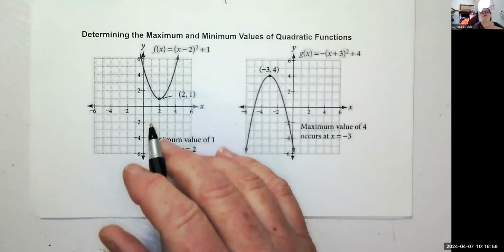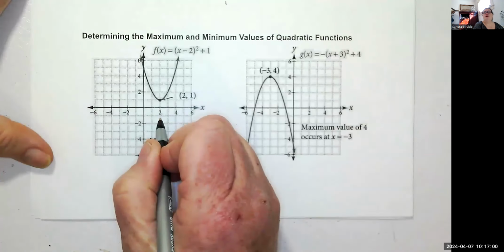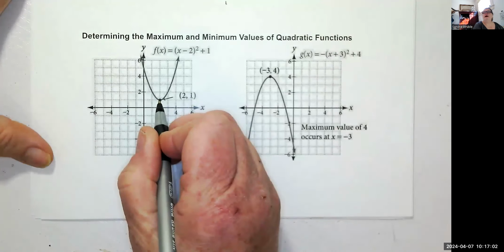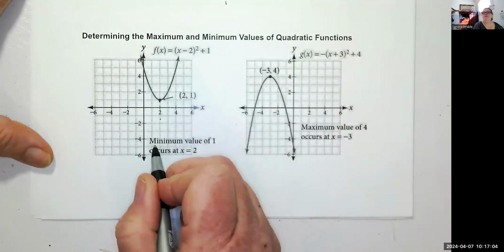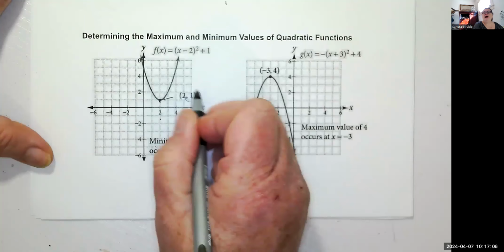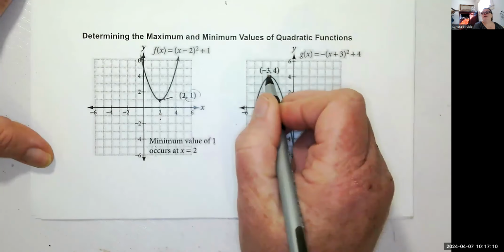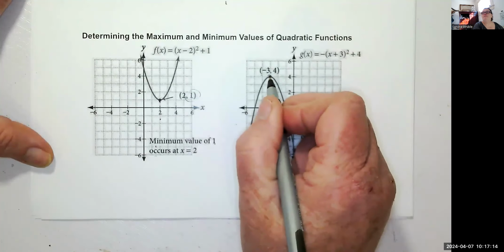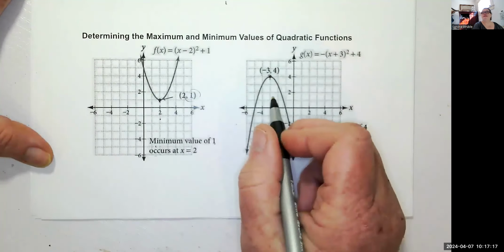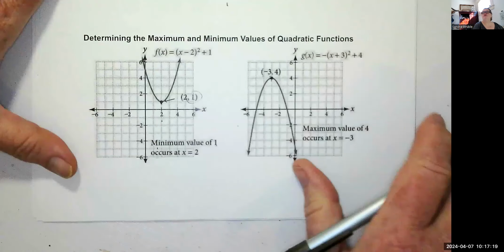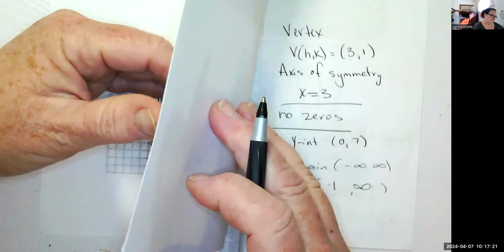So we know that where x is 2, we're going to have a min point at 1. So the minimum value of 1 happens when x is 2. Over here, the maximum value happens when x is negative 3, and that value is 4. We're going to use this to find answers for some word problems as well.